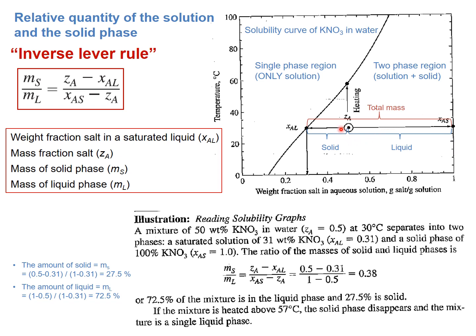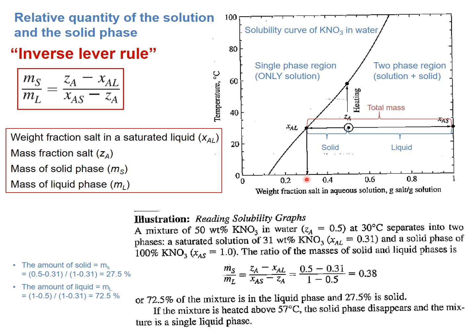Again, the overall composition was 0.5. Then this composition is split into two compositions. One is found on the solution line and the other is found on the solid line. Then just read the value of the weight fraction of potassium nitrate.